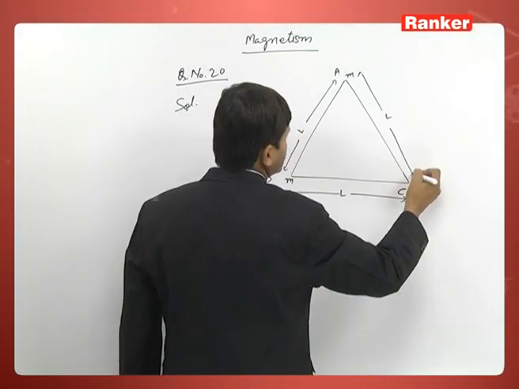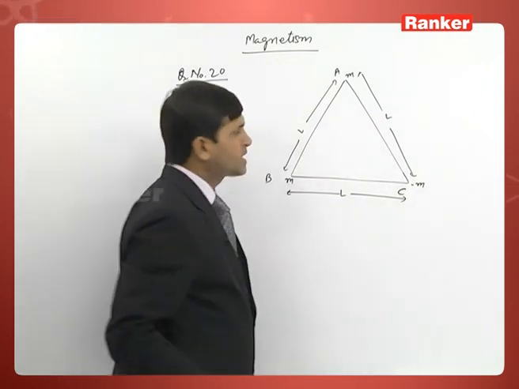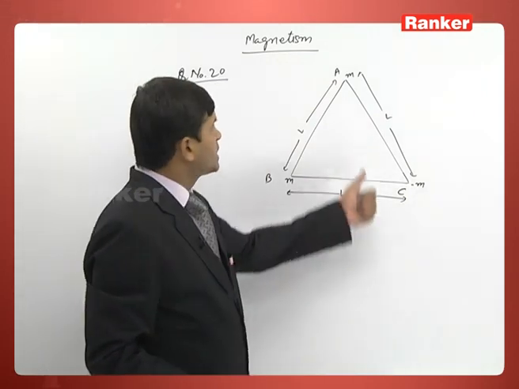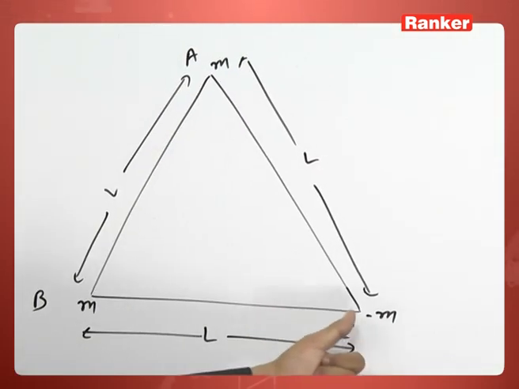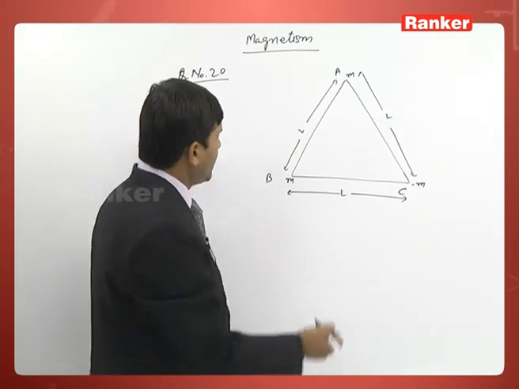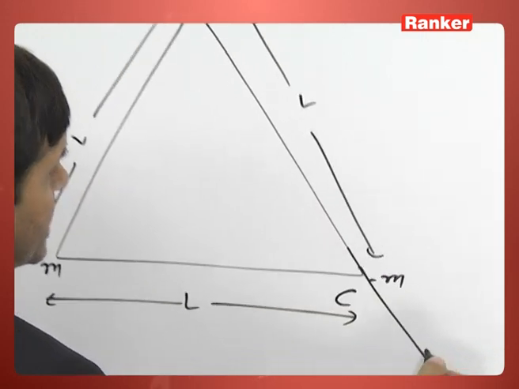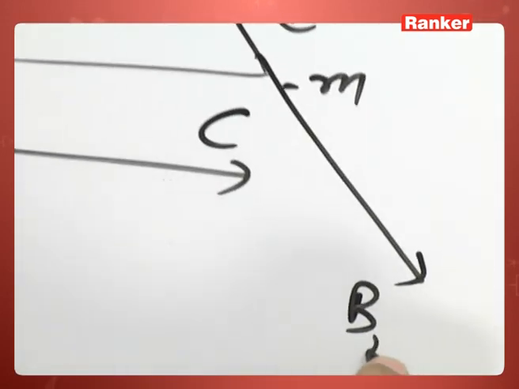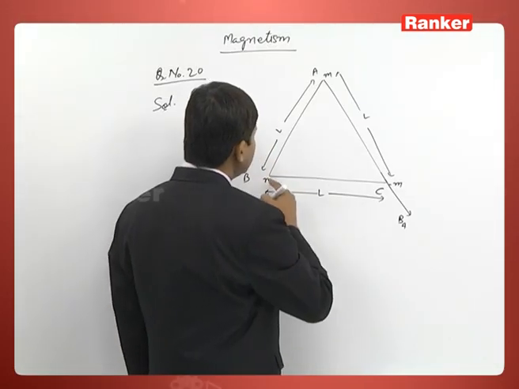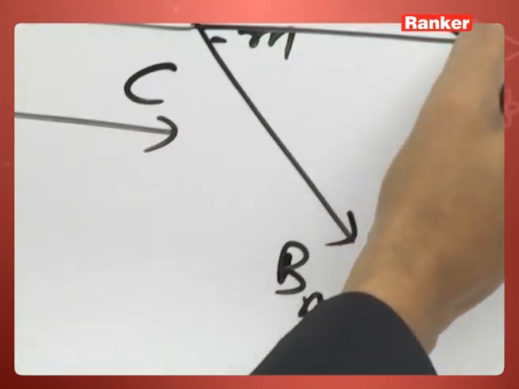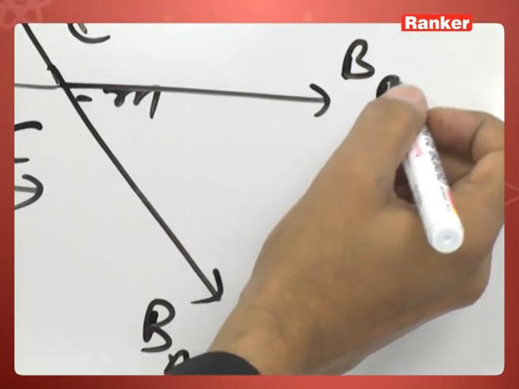Now, we have to find the magnetic field due to A and B at point C. At C, due to A, the field is in this direction, BA. Due to B, the field is in this direction, BB.